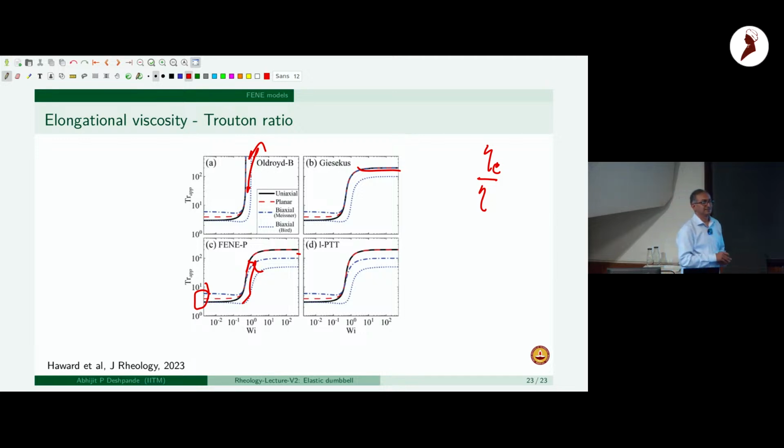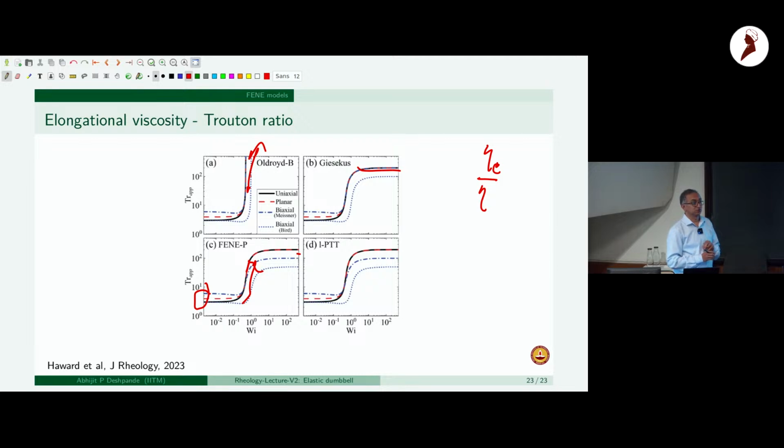Yeah, so there is no stiffening in shear flow, right, for this? Yeah, yeah. So Giesekus does show shear thinning, and FENE-P also shows shear thinning. Oldroyd-B does not show shear thinning.